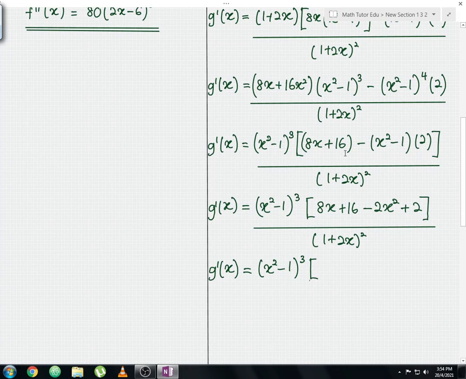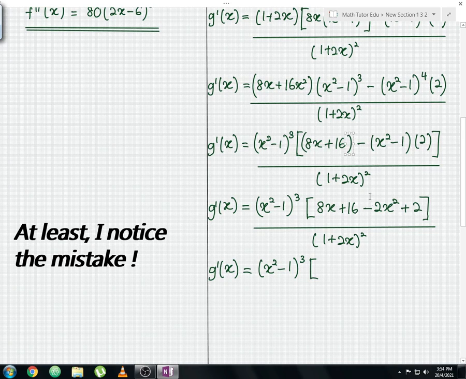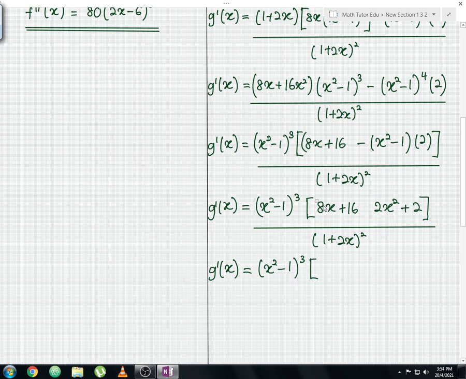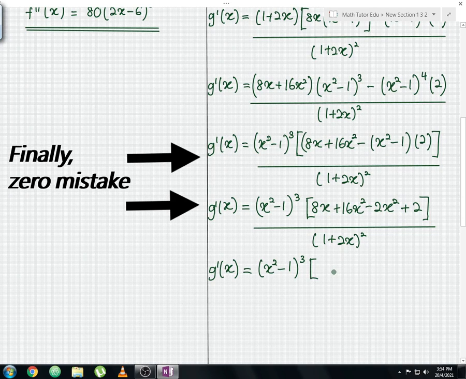wait guys, oh, now only I noticed there is a slight mistake over here. It should be 16x square. So thank God I noticed it, otherwise it would be a big problem.